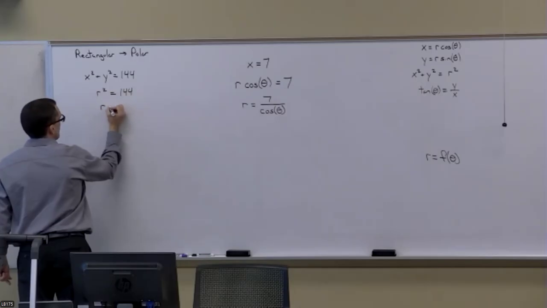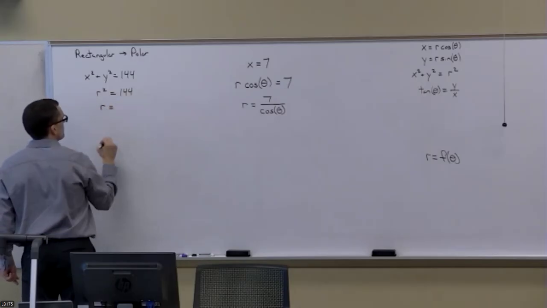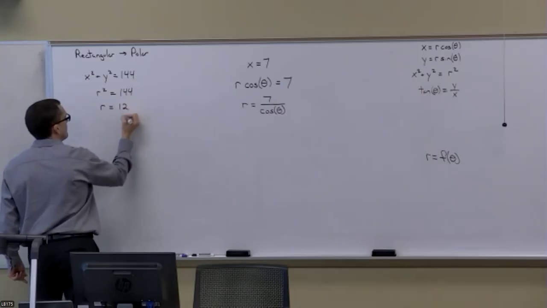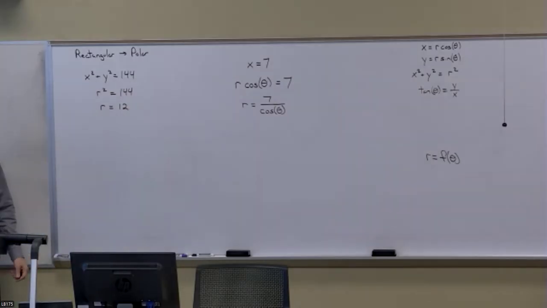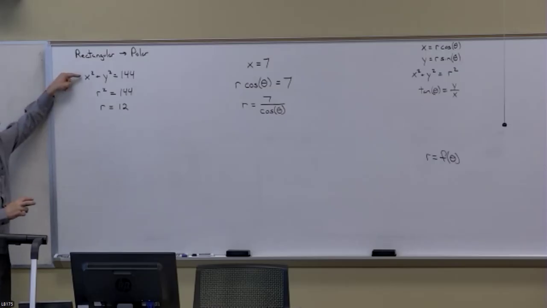And then usually what we do is we'll take the positive square root of both sides, and that'll give me r equals 12. By the way, this is a circle of radius 12 centered at the origin, written in rectangular form.